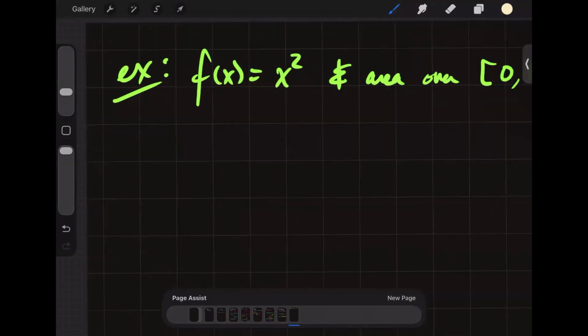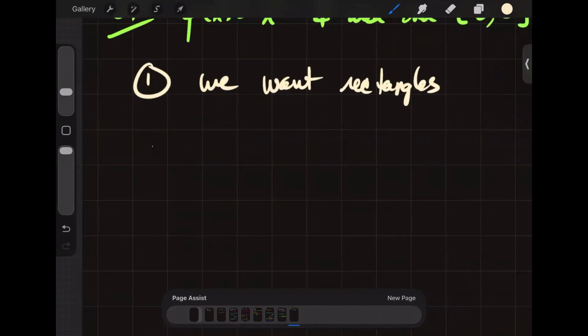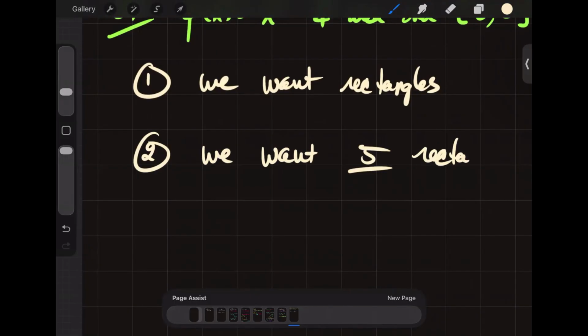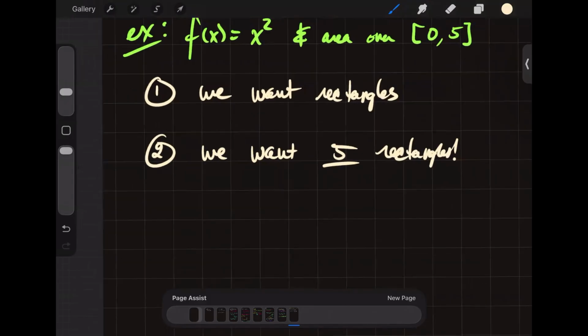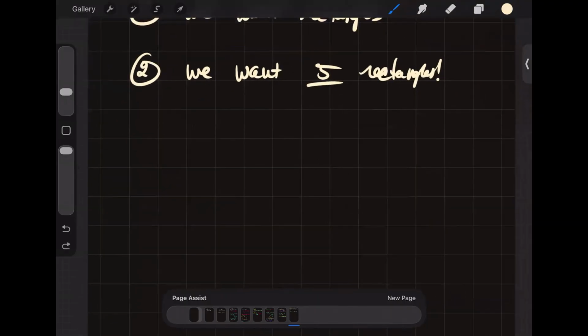One, we want rectangles. And two, we want 5 rectangles. If you want 5 rectangles and your interval is 0 to 5, what is the width of each rectangle?